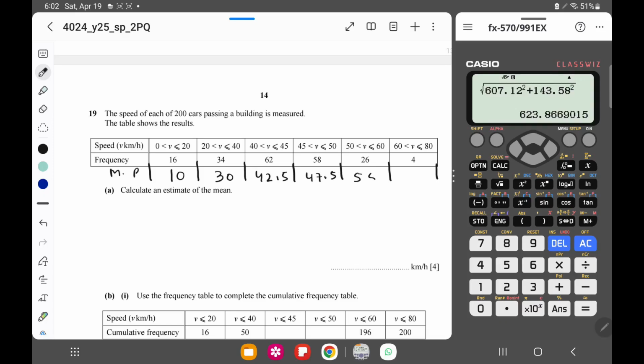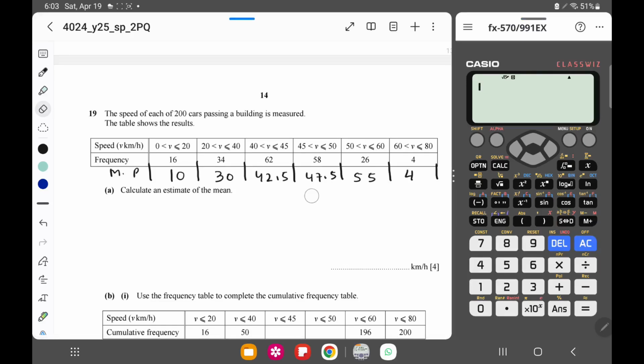Then 50 to 60 is 55, and 60 to 80 is 70. For example, for this one, 45 plus 50 divided by 2 is 47.5. This way you can get the midpoint.